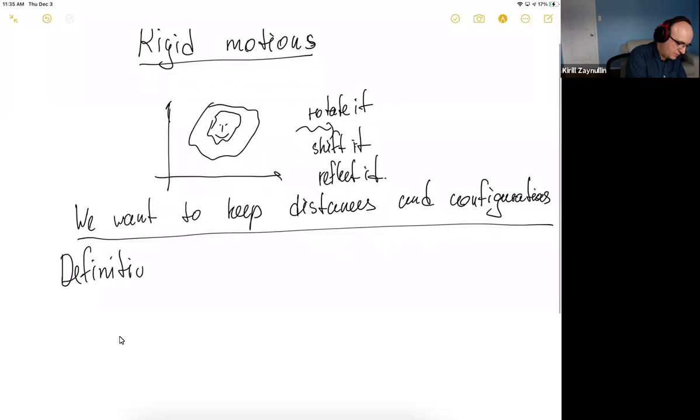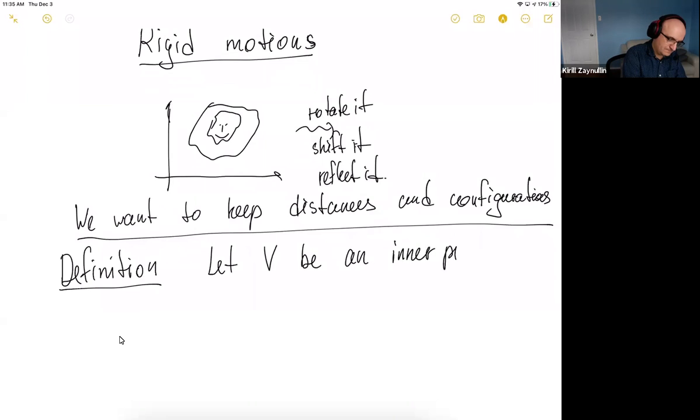Since we are looking for a linear operator which preserves the distances, right, that would be natural to define the following. So let V be an inner product space. Well, a map or a function f from V to itself.